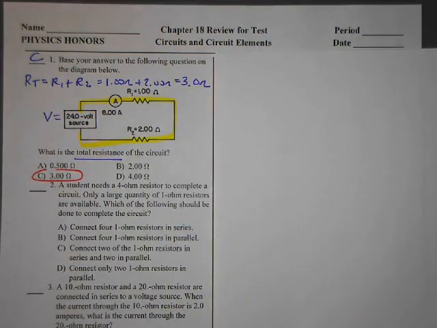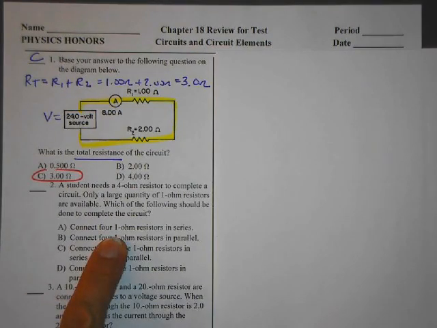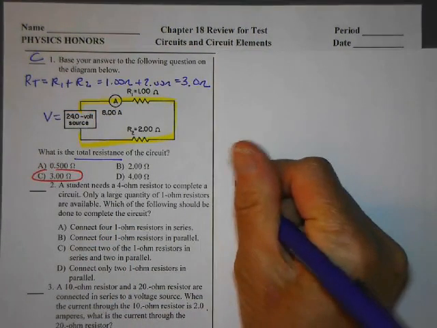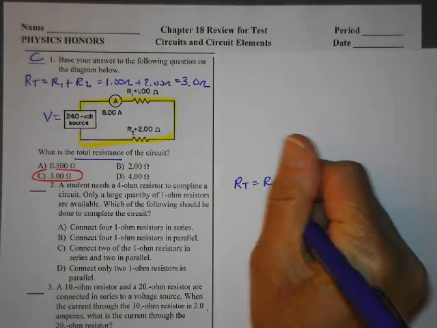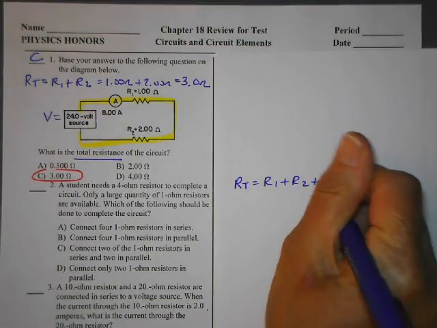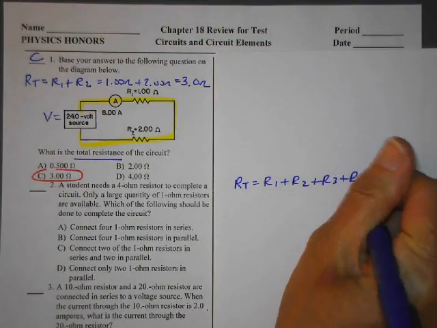Number 2, a student needs a 4 ohm resistor to complete a circuit. Only a large quantity of 1 ohm resistors are available. So I want my total to be 4. Well, if I connect 4 in series, that would be R1 plus R2 plus R3 plus R4.